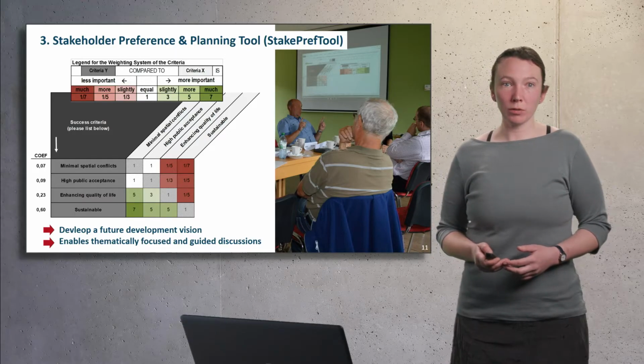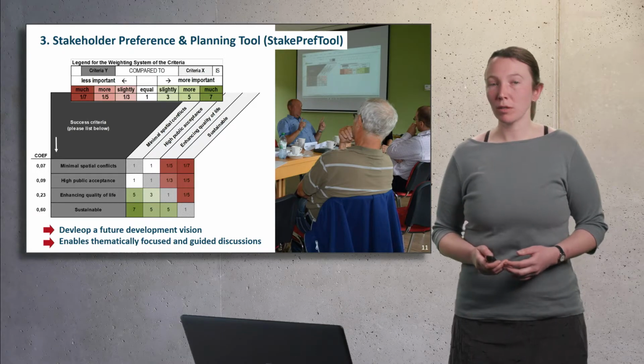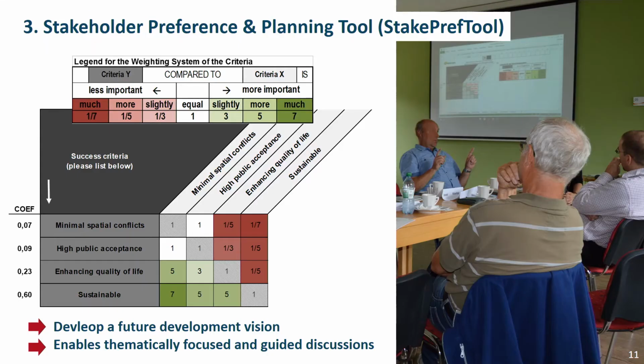So in our stakeholder group, we discussed different mussel farm scenarios, and the stakeholders said that minimal spatial conflicts, high public acceptance, enhancing quality of life, and being sustainable are the major success criteria for a measure that should be considered.